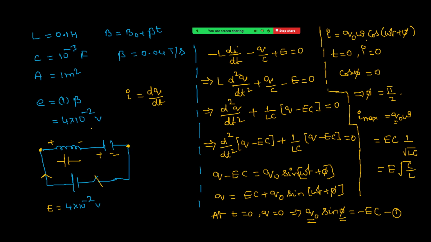Finally the value comes out to be, let me cross check, 4 into 10 power minus 2 times the square root of 10 power minus 3 by 10 power minus 1, that is 10 power minus 2 under root. So this becomes 4 milliampere. That is the maximum current. Okay, so I hope you got clarity.